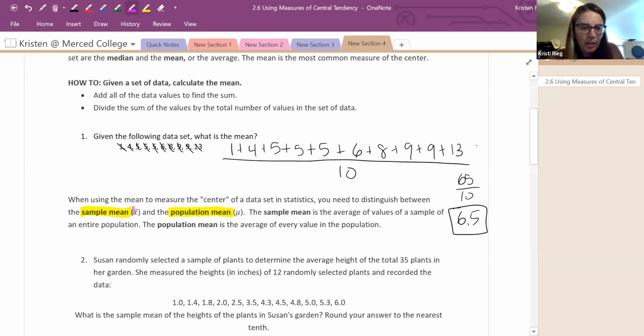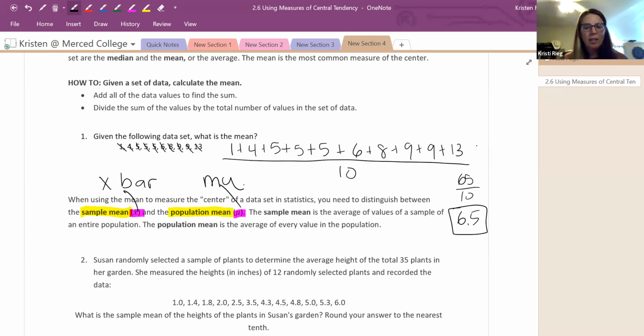The sample mean is X bar, that's how you say it, and the population mean is mu, the M and U. We're just getting used to the terminology. It's not really going to matter for anything right now.